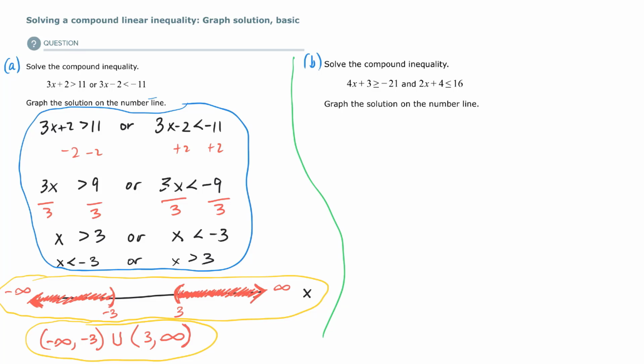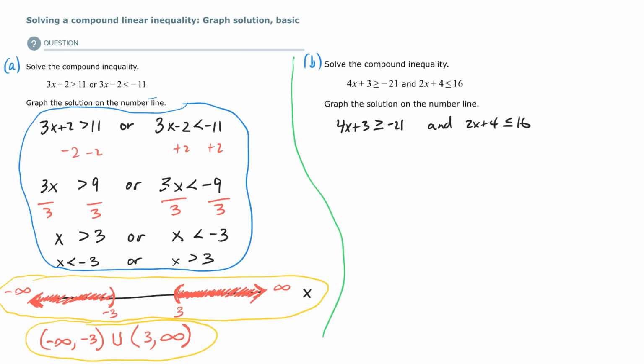This time, instead of a disjunction, we have a conjunction. And that is, we're going to look for commonality or an intersection here. Let's write 4x plus 3 greater than or equal to negative 21, and 2x plus 4 is less than or equal to 16.